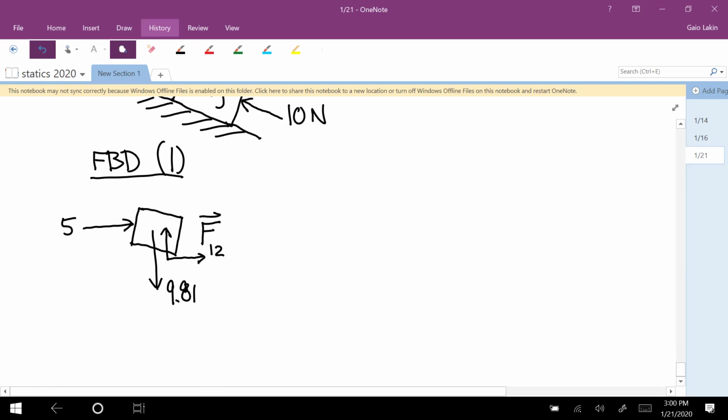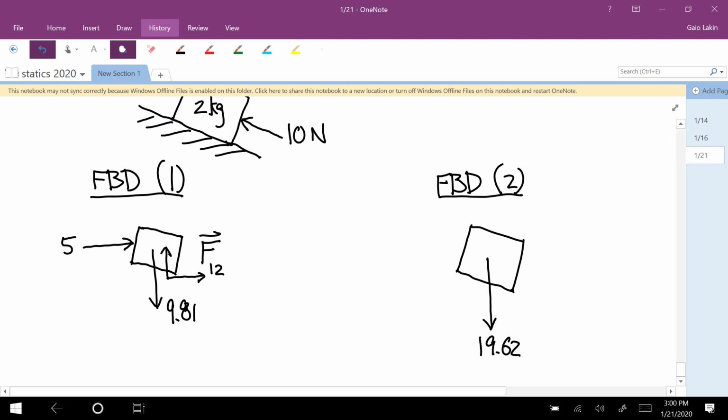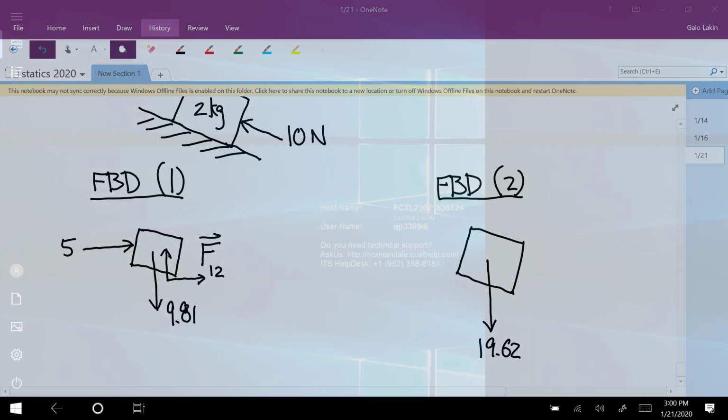Okay, and then the 2 kilogram. So we have the downward weight force of 2 times 9.81, so 19.62. And we have the 10 newtons.